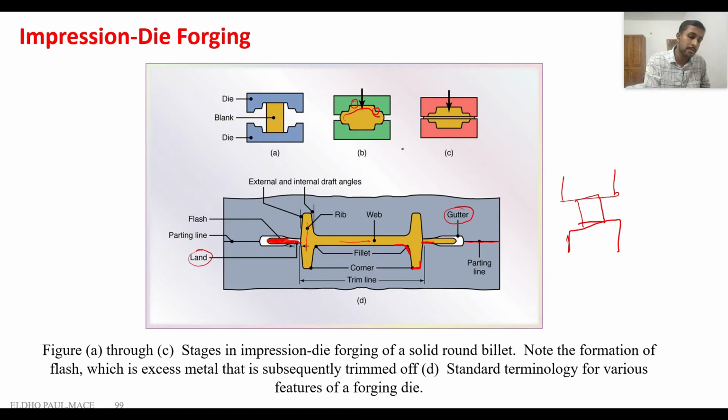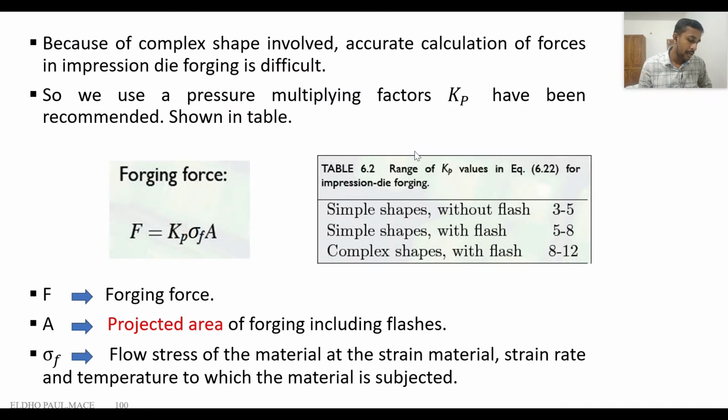So the flow stress will be different in different regions, and the amount of stress developed during the deformation also will be different. So this is actually a complex state of condition. So conventional analysis is not suitable for impression die forging. We need to use FEM analysis, etc. for impression die forging. But for simplicity, we can use this equation.